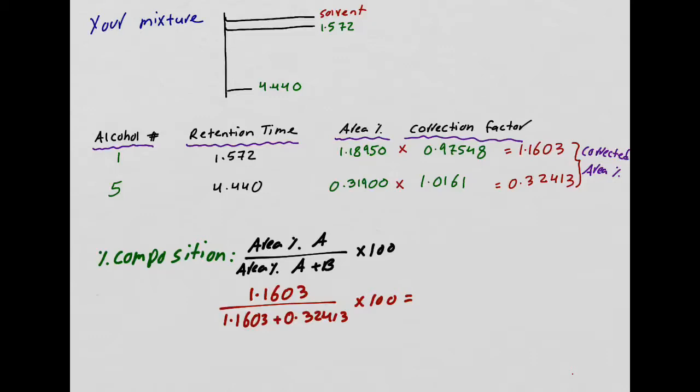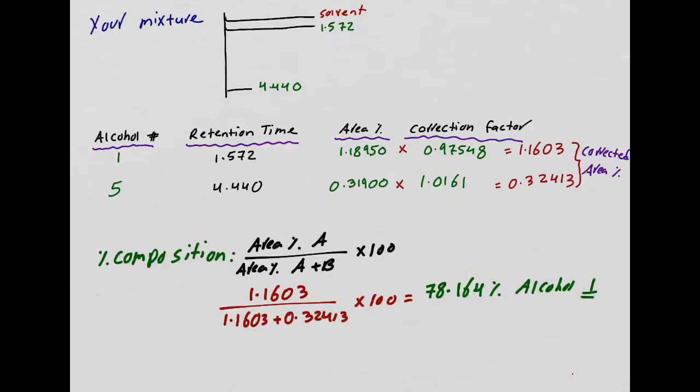What I get is 78.164%. That is my alcohol 1. Now, you can do the same thing for alcohol 5, but I also know they only have two things, so I can just subtract from 100, and that would give me the answer. But let's not do that. Let's actually do the next one too.